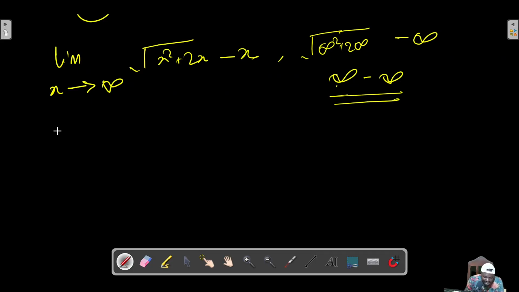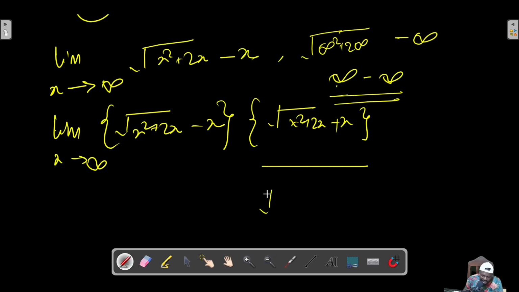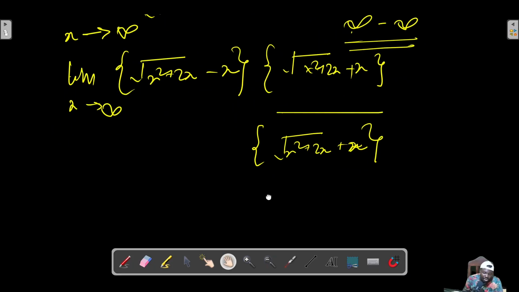So, rationalizing, I get limit as x approaches infinity of root of x squared plus 2x minus x. I'm multiplying by the conjugate pair. So multiplying this by the conjugate pair, I end up with root of x squared plus 2x plus x, divided by root of x squared plus 2x plus x. Now the job is done.